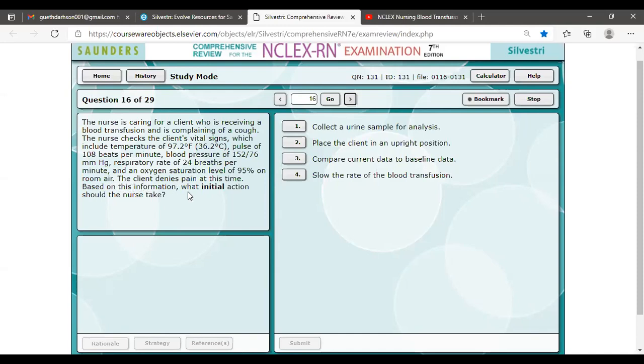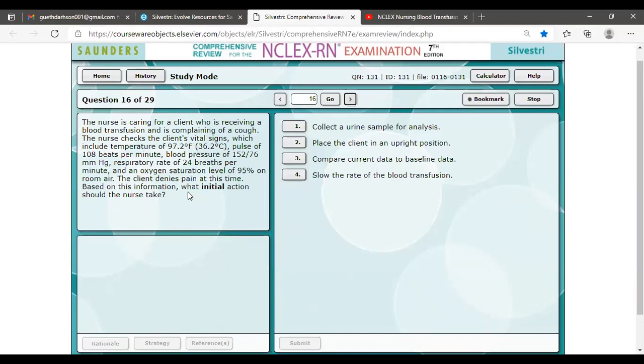Based on this information, what initial action should the nurse take? But I said blood transfusion patient. When you check the vital signs, temperature is okay, but we know in a blood transfusion reaction temperature goes up, but it is okay here. The pulse is a little bit up, which is a sign of transfusion reaction. Systolic is a little bit up compared to the diastolic, which is 78.